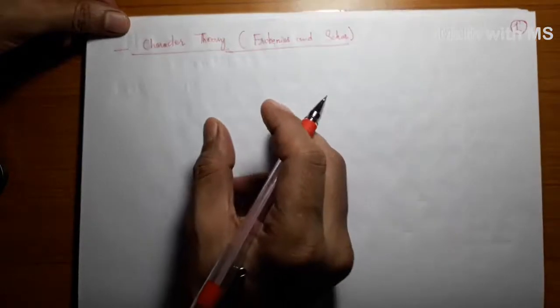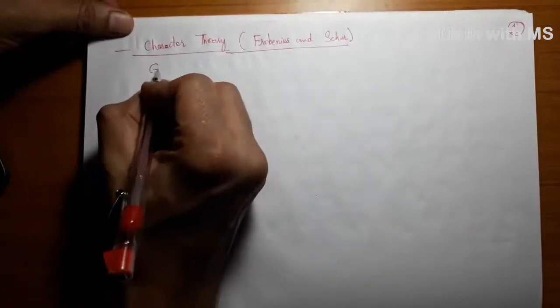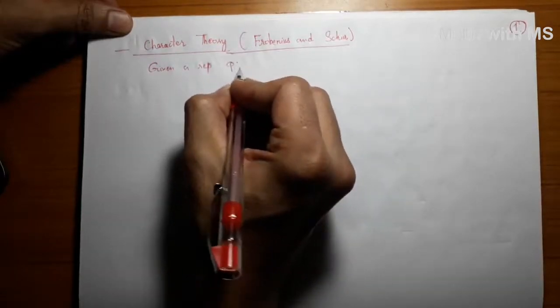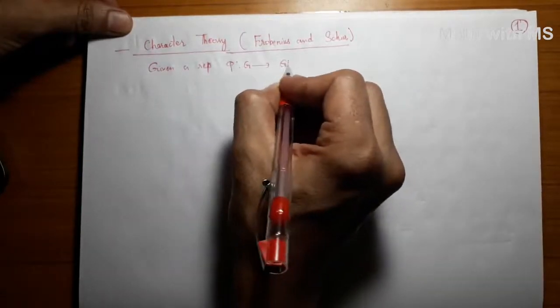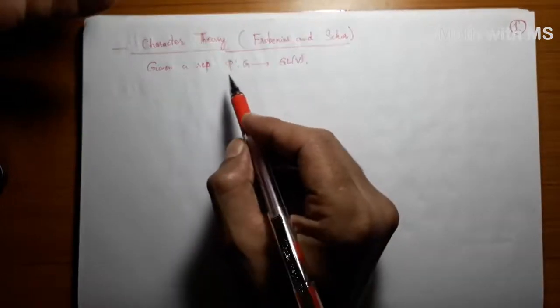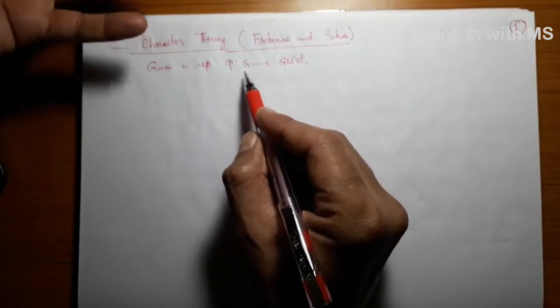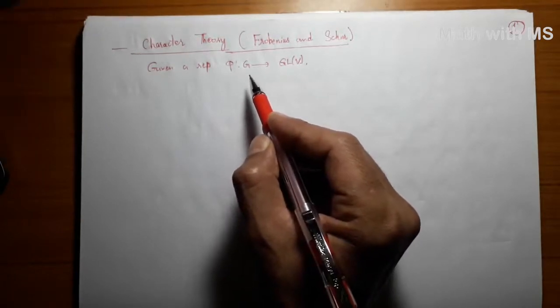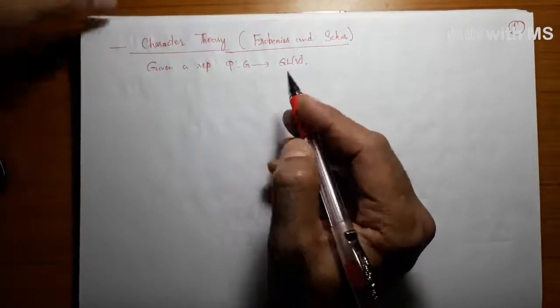So what is the idea here? The idea here is that given a representation phi of your group G into some GL(V), we want to encode the information that is carried by this representation into complex valued maps from the group into C, called characters.